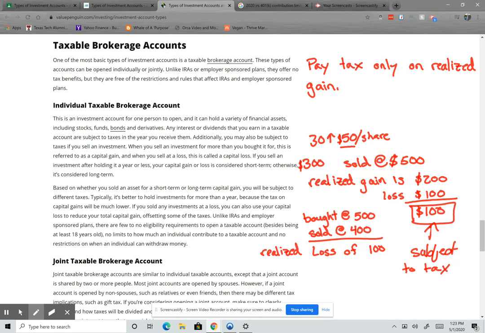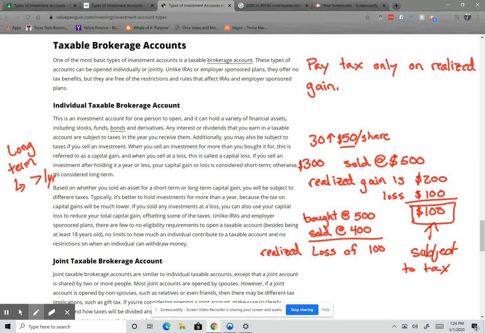Depending on how long I've held it, hopefully it's long-term capital gains instead of short-term capital gains, because long-term capital gains are taxed at a lower rate. For something to be long-term, I must own it for more than 1 year.